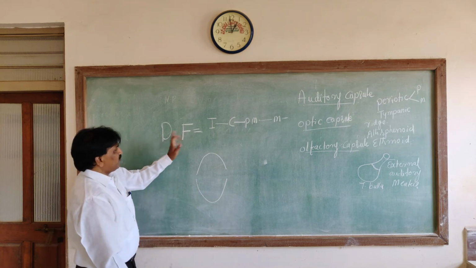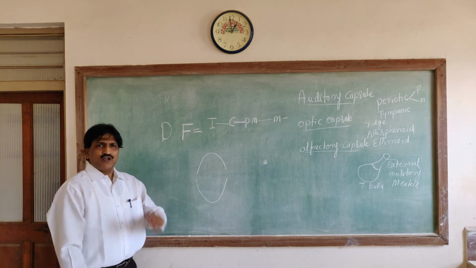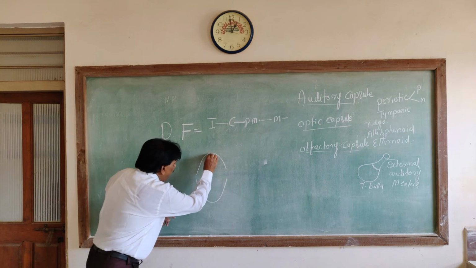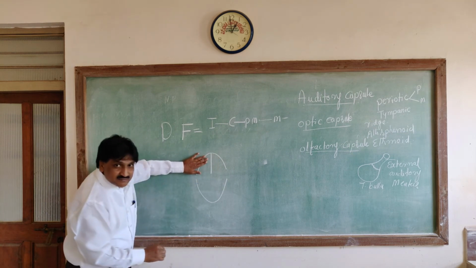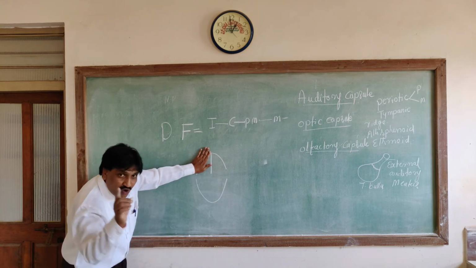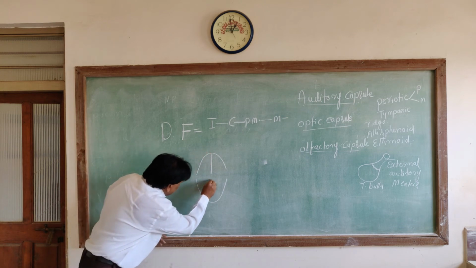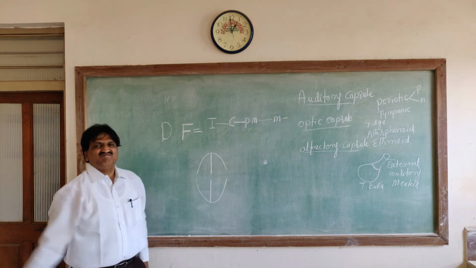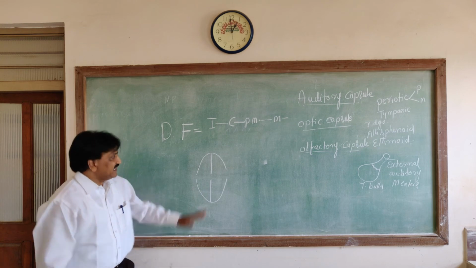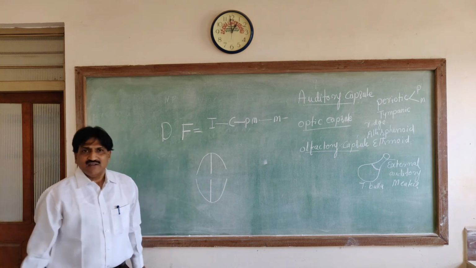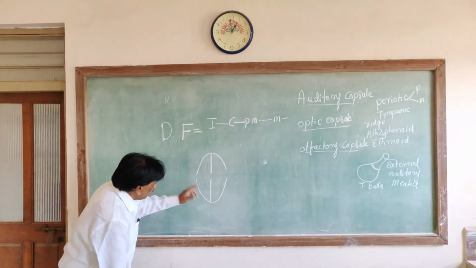Now your dental formula is equal to each half of the upper jaw and each half of the lower jaw.